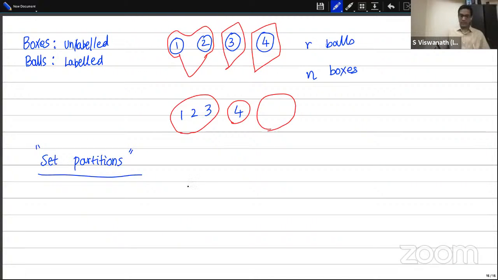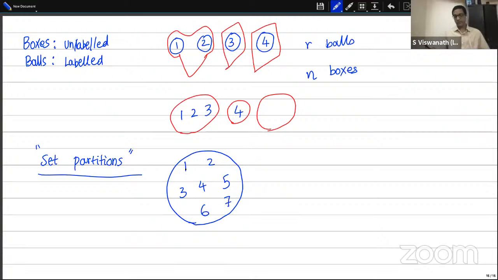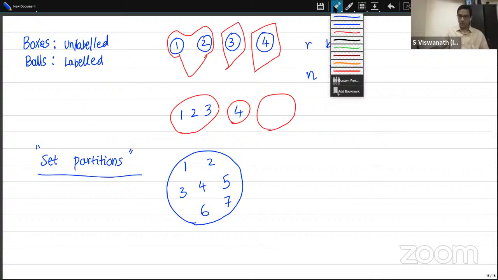So what is a set partition? You've probably seen equivalence classes and so on. So suppose I have the 7 numbers 1, 2, 3, 4, 5, 6, 7, and I will partition this set. What does partition mean?